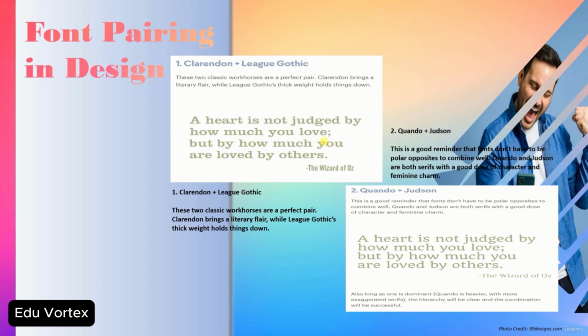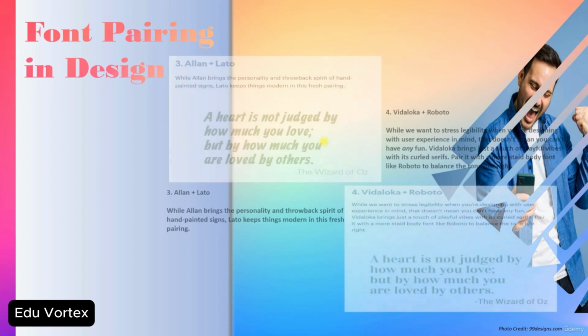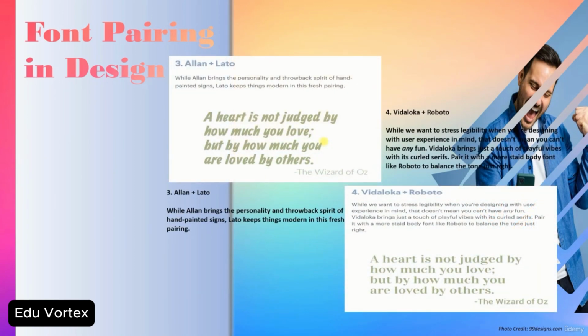So now let's go ahead and have a look at another one. So we have the Alan plus Lato. While Alan brings the personality and throwback spirit of hand-painted signs, Lato keeps things modern in this fresh pairing. So we have the Vidaloka plus Roboto.